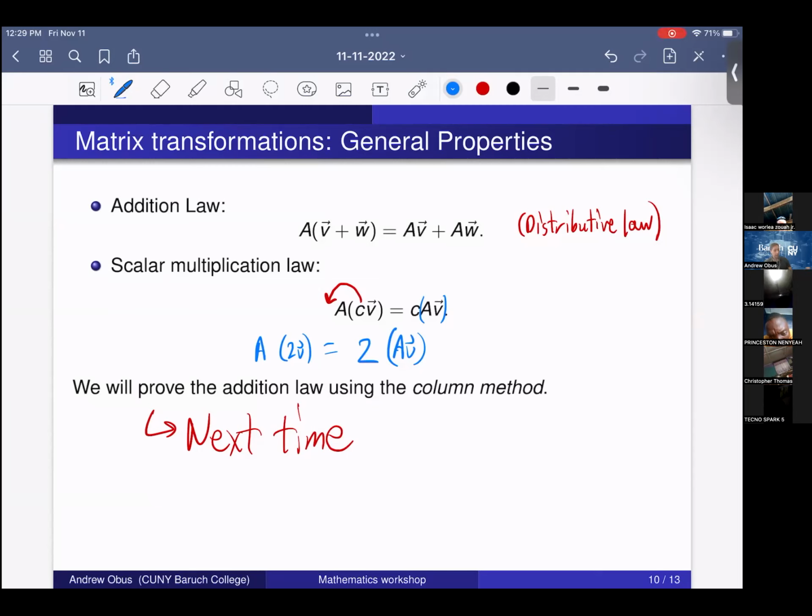Right. Yeah, you can do that also. You can multiply the matrix by the scalar and then times the vector. All of them are the same.